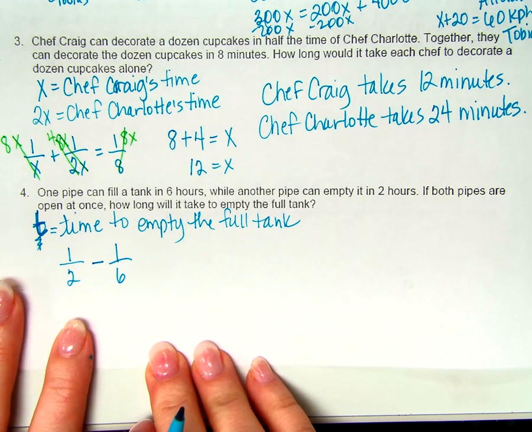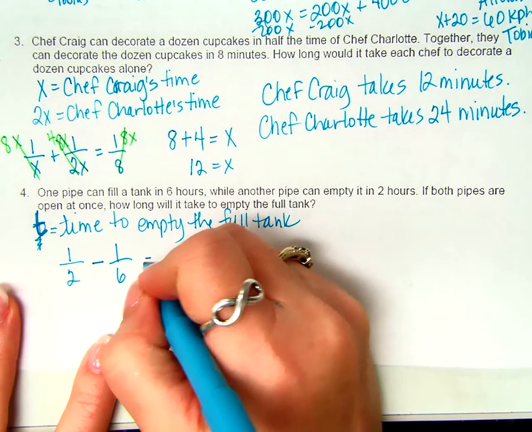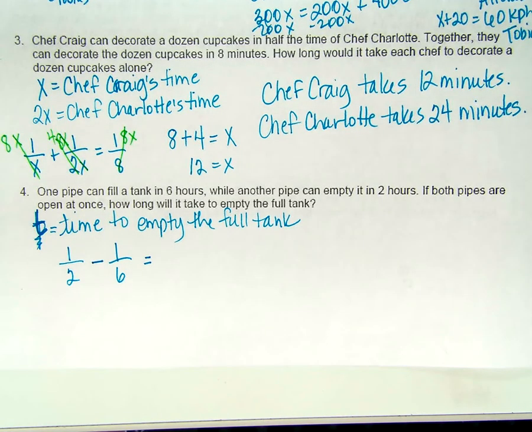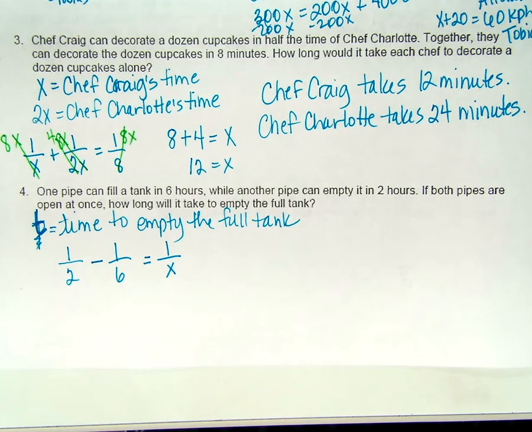Why are we subtracting? Because they're not working together. They're working against each other. Okay? What should that equal? 1/T, because that's what we're trying to figure out. How long does it take to empty the full tank?